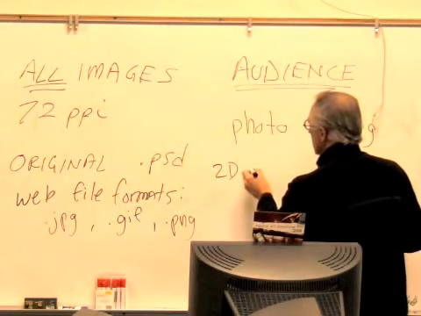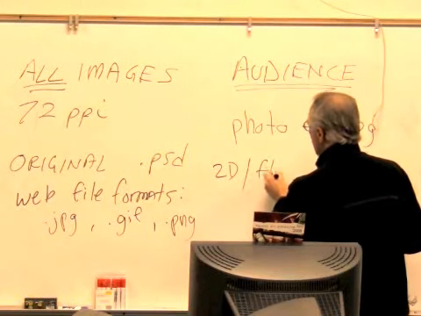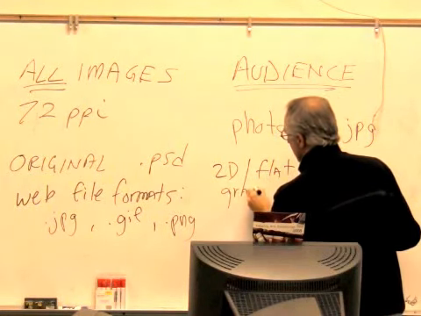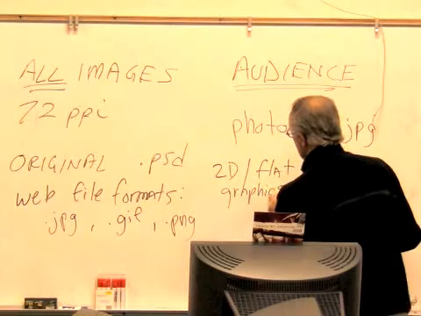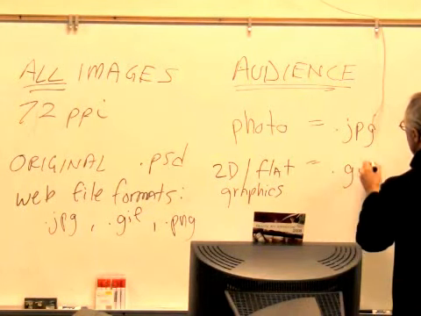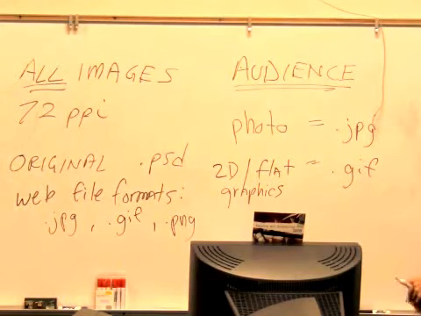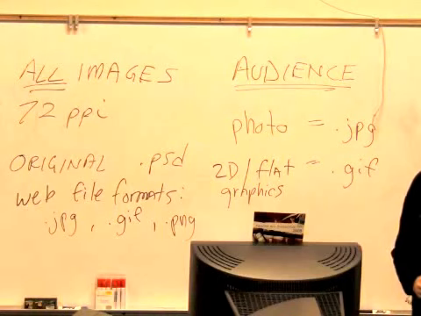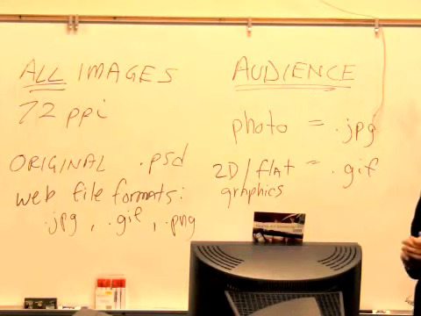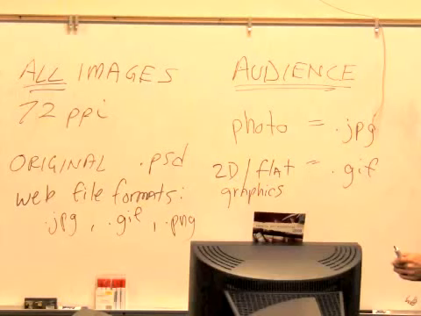So 2D, flat graphics, no tonal changes, then you're probably going to want to use a GIF. That will probably work just fine for you. Or GIF. I guess it's supposed to be Jiff like giraffe, but it doesn't matter. People say it both ways.